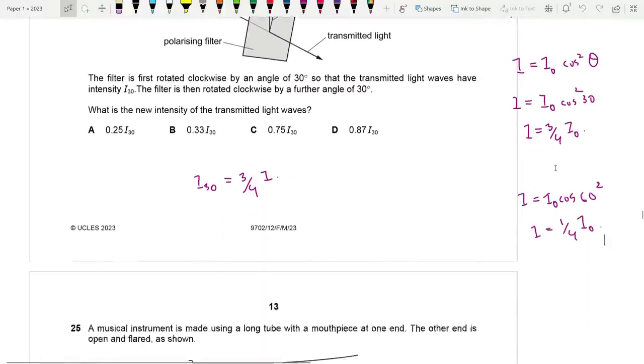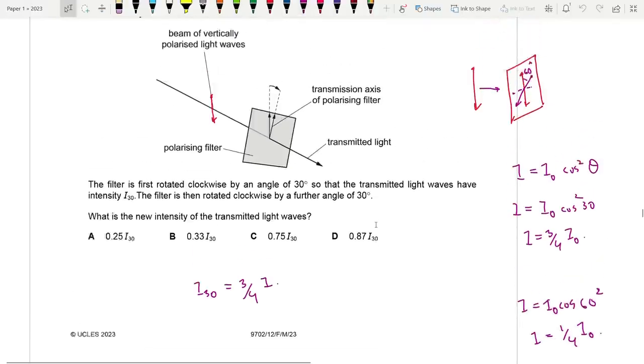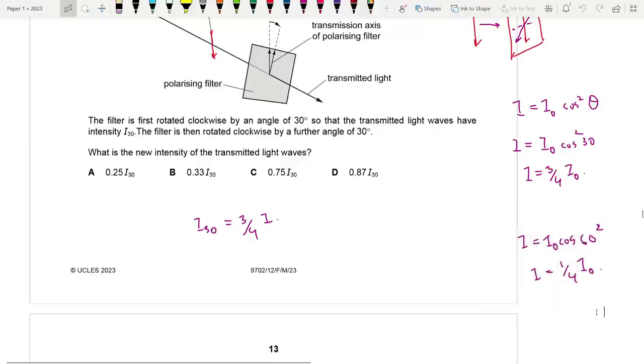So after we rotated the second time, compared to the initial one, it is 1/4 of the original value. Do you guys understand? 1/4 of the initial value. But we are actually comparing this last one with the second one.